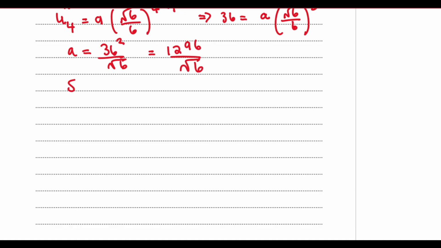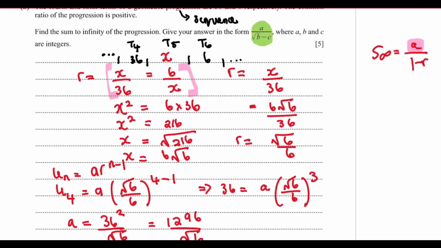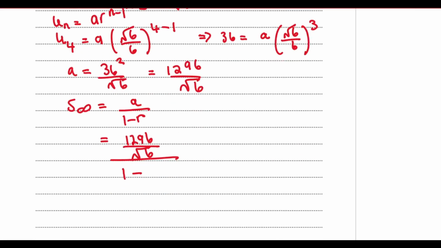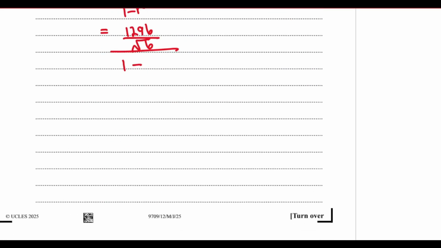So now we can simply find a over 1 minus r. Now the tricky part is going to be getting it into that a over square root b minus c, where a, b, and c are integers. So 1 minus r.